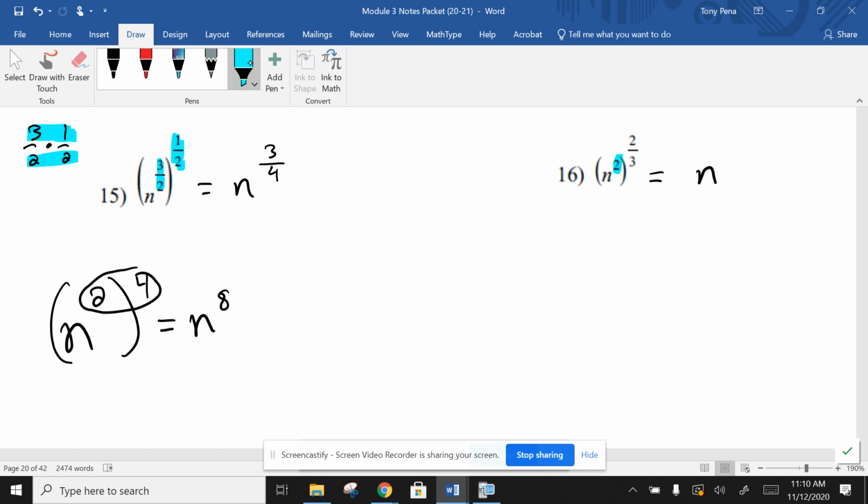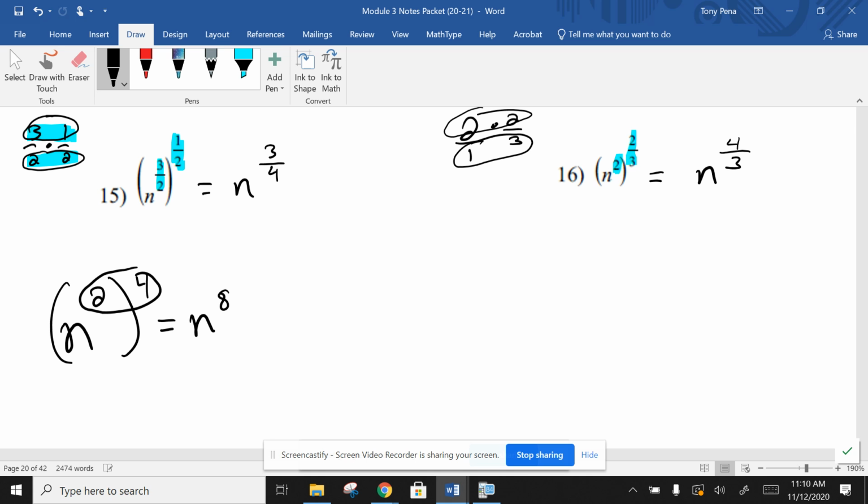So you're just doing 2 times 2/3. Now I said up here, you just multiply numerators together, you multiply denominators together. It's the same here. You may just want to put the denominator of the 2 as a 1, so it's a little bit easier to see. So we just do 2 times 2, which is a 4, and then the 1 times the 3 is a 3. So just n to the 4/3 power.